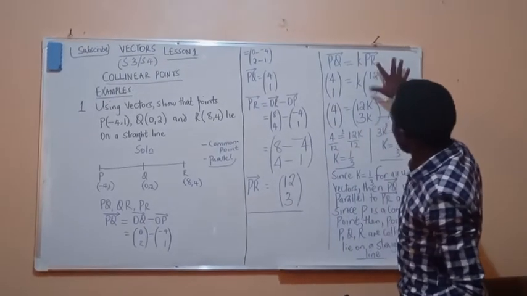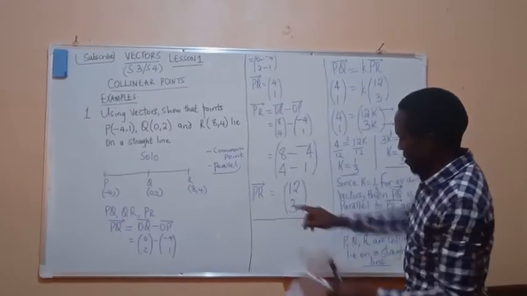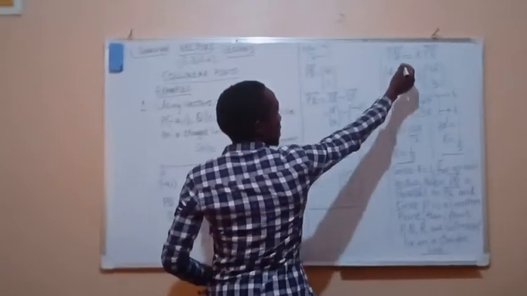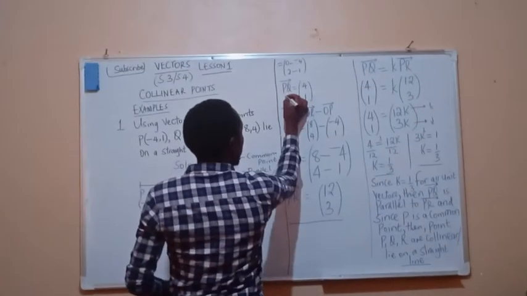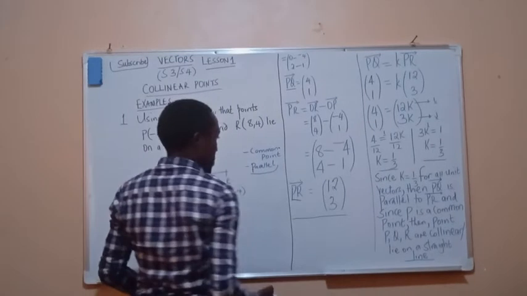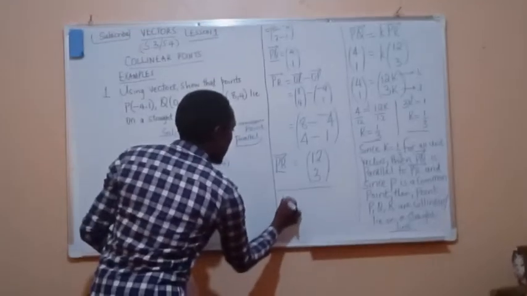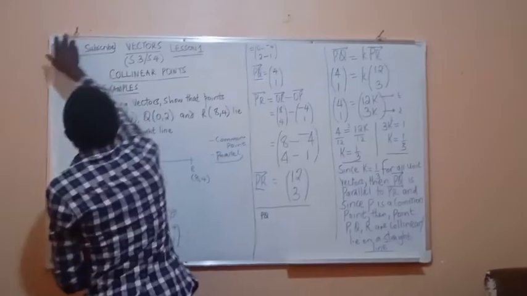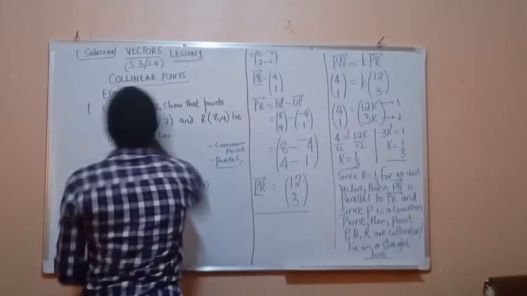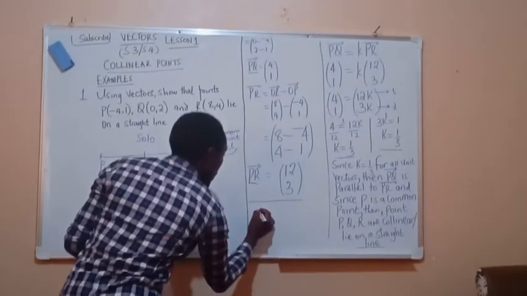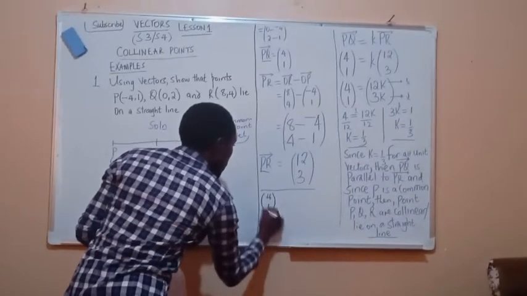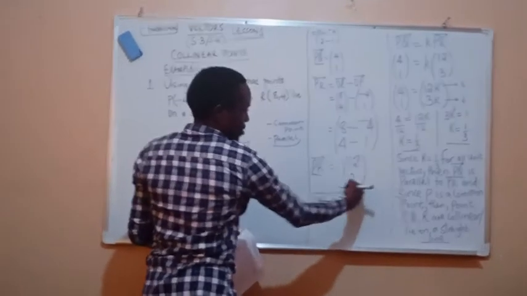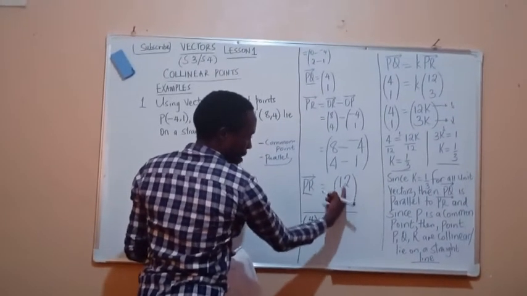Also, when one reaches here, after getting PQ and PR, another student can say: we've gotten our PQ as (4, 1), and here you can see that you can factorize out a common figure.